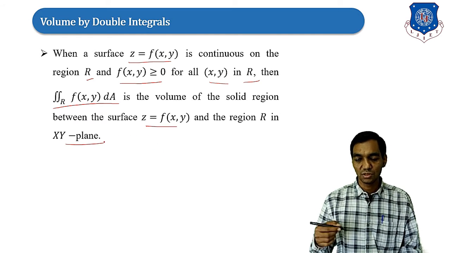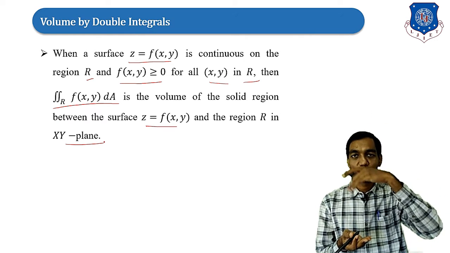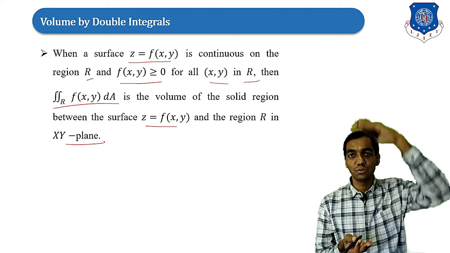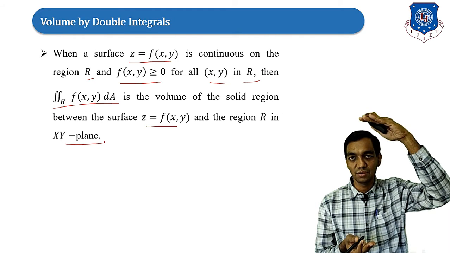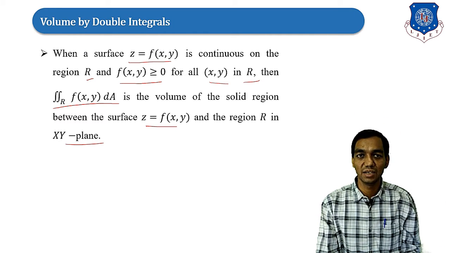That means suppose here you have an xy plane and a region in the xy plane, then the volume from this xy plane to the surface you have is going to be obtained by this double integration.